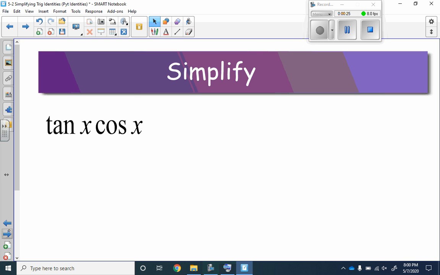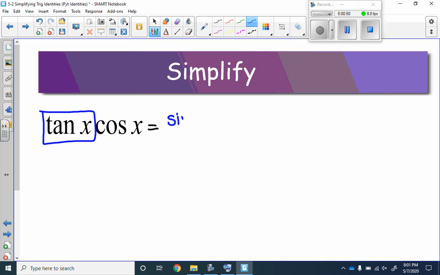So I'm going to start you out with this one, where we have tangent x cosine x. It doesn't look all that complex right now, but we can simplify it down to a single trig expression. I can rewrite tangent, because tangent is the same thing as sine over cosine.